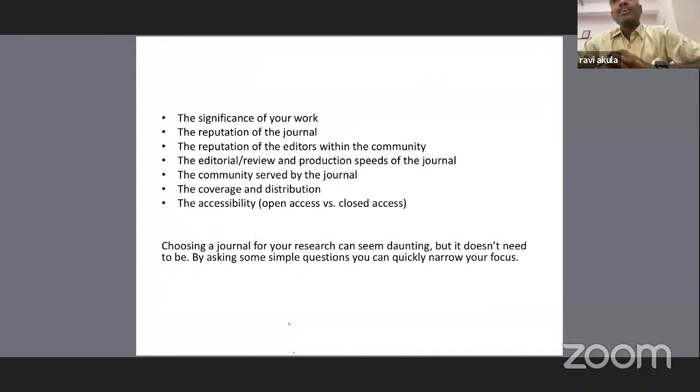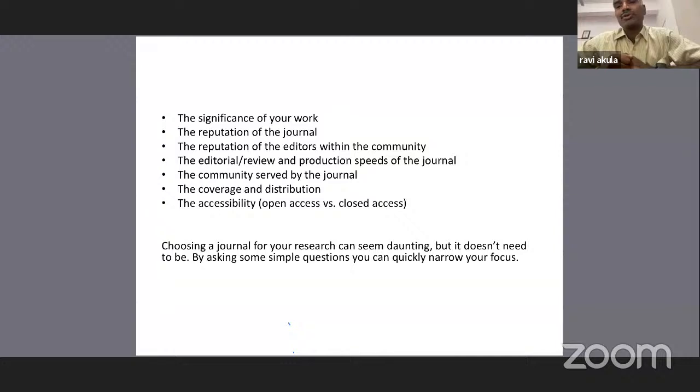And we also need to keep in mind the significance of our work, the reputation of the journal, the reputation of the editors within the community, the editorial review and production speeds of the journal, the community served by the journal, the coverage and distribution, and accessibility. So whether it is openly accessible or subscription based.